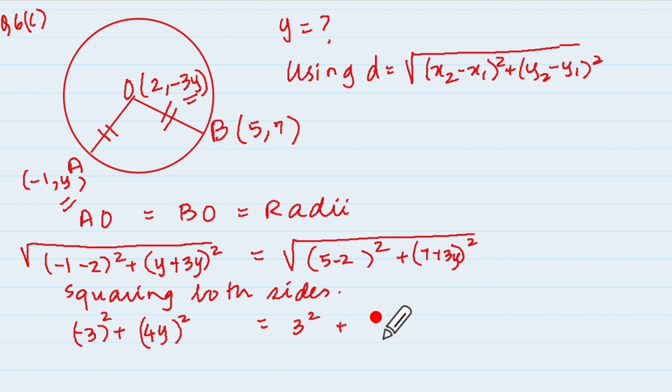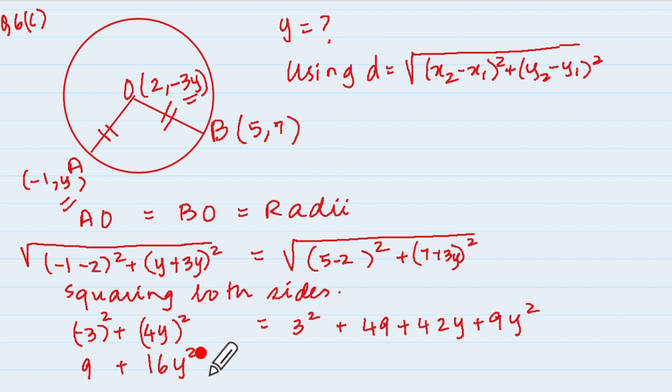Plus this will be 7 minus y whole square, which means 49 plus 7 3s are 21, 2 is 42y, plus 9y square. Now can you see over here, this will be 9 plus 16y squared equal to 9 plus 49 plus 42y plus 9y squared.